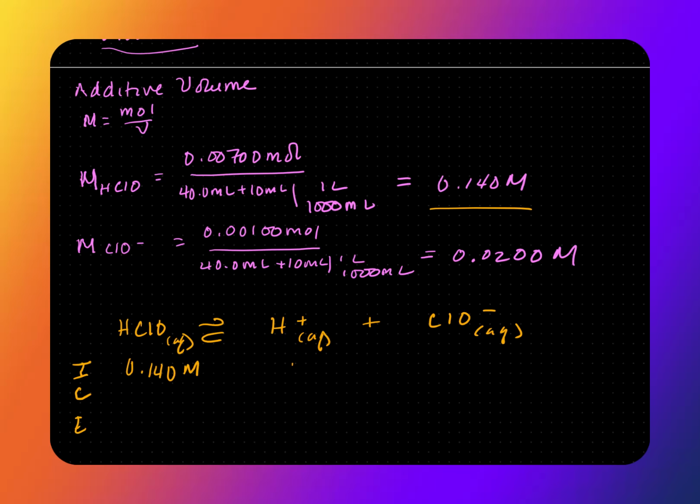The H plus, we still have nothing. ClO minus, we have 0.0200 molar, and we do the regular ICE table. The E is the addition of I and C, so that is 0.140 minus X, and 0.0200 molar plus X.